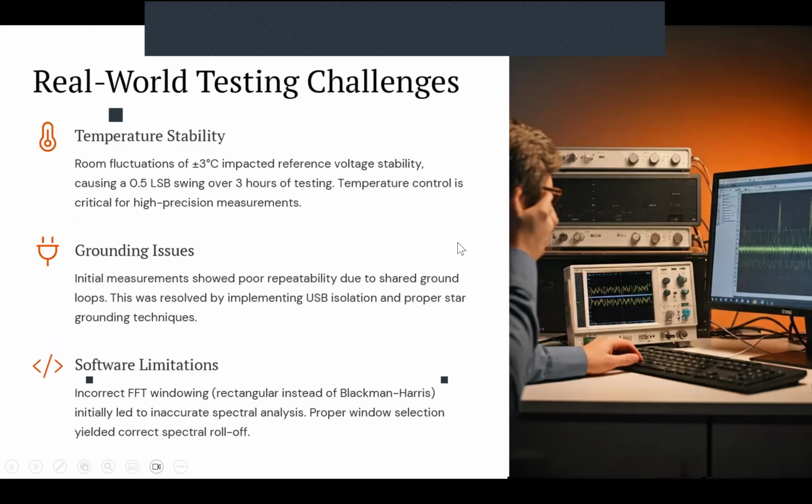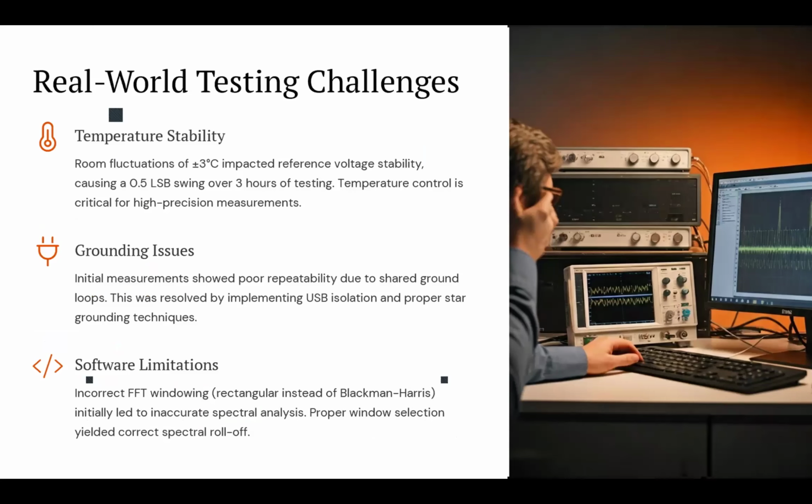Now, we defined the process, we talked about the testing, and we went over a case study, but there are some challenges in the real world that we cannot eliminate, but we have to control and understand. One is the temperature stability. We already talked about that. It could deviate the result.